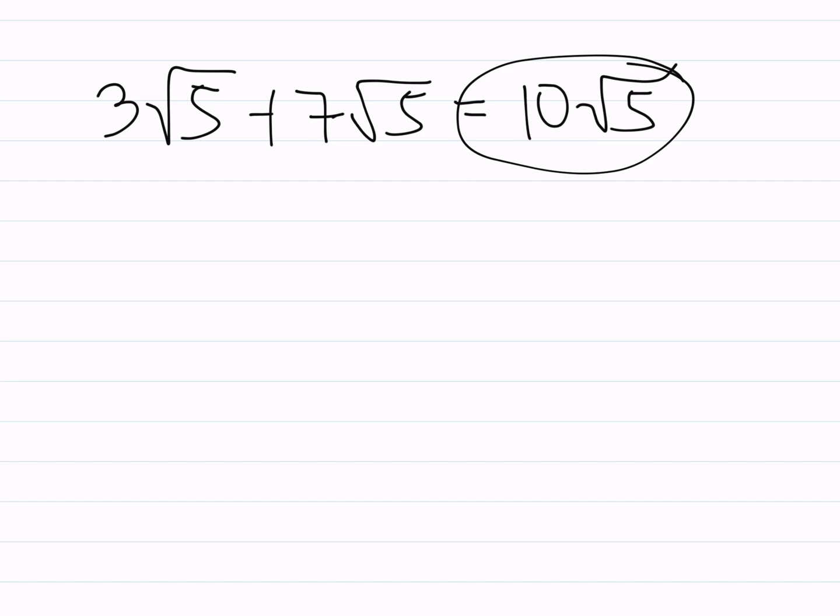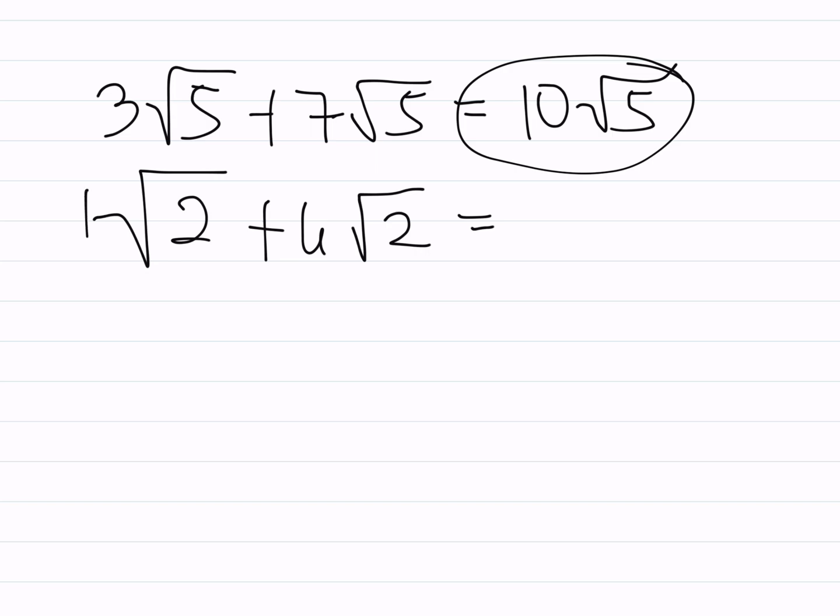And how about this one? The square root of 2 plus 6 square root of 2. Like what I said, 1 is an invisible number, so we have 1 here. So 6 plus 1 is 7, and 7 times the square root of 2.